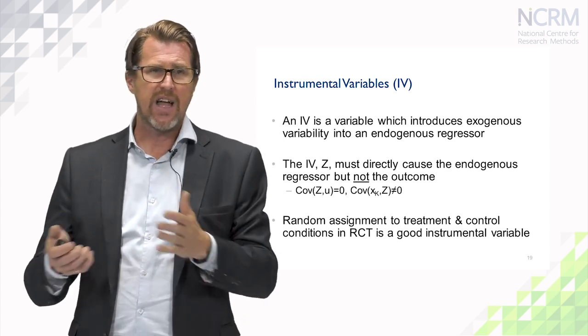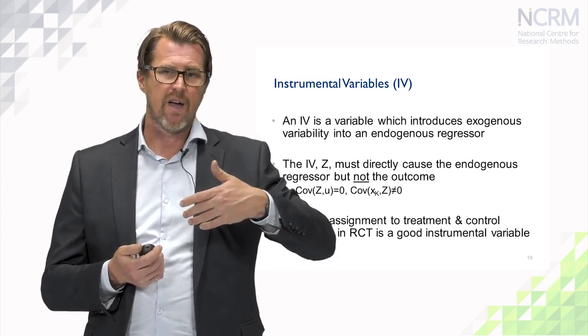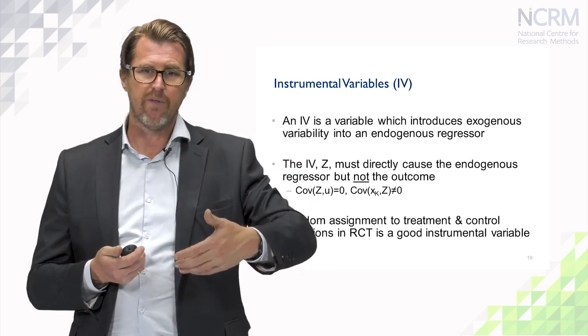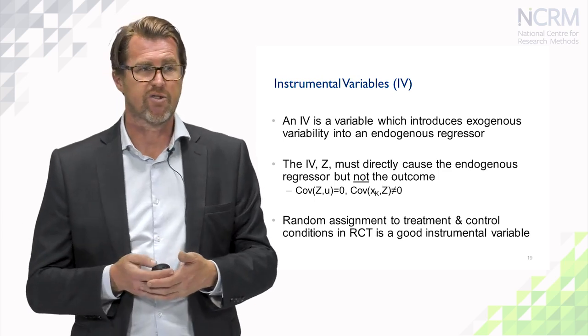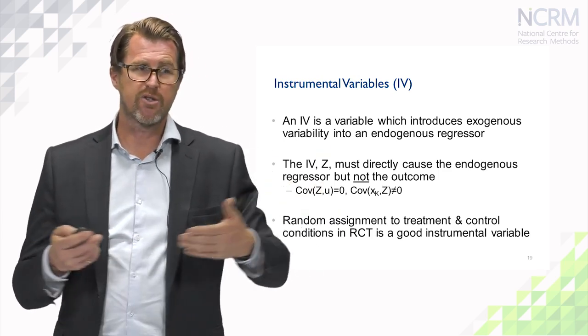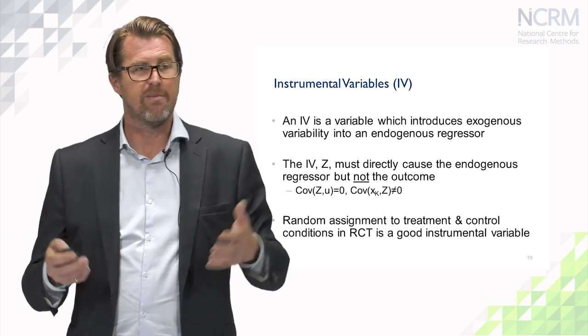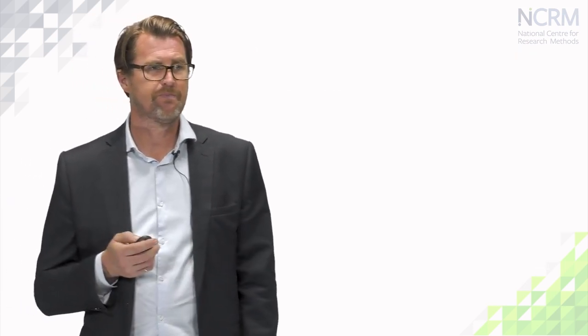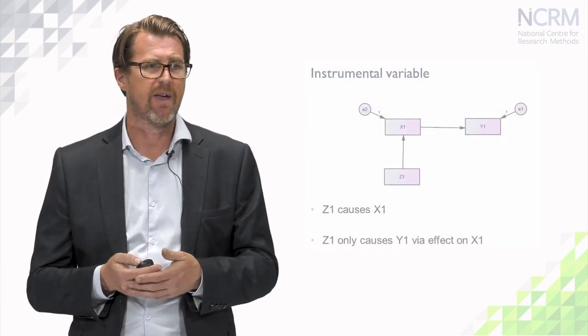So that's a good way of thinking about what an instrumental variable is, and the sorts of variables that we will be looking to use as instruments should come as close as possible to that sort of randomization type of variable. So this is what we're looking for in terms of a path diagram here.